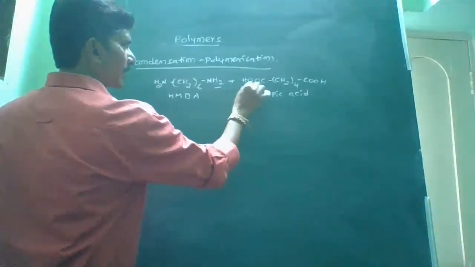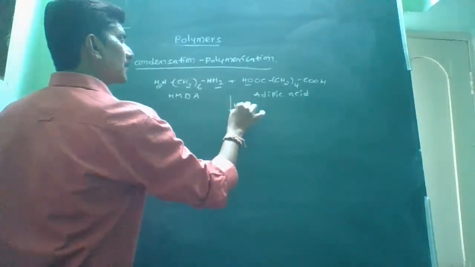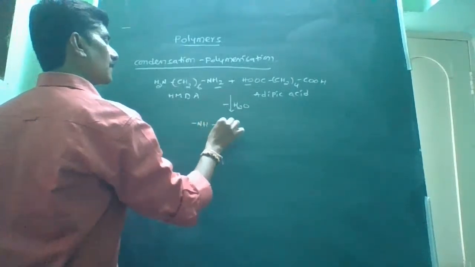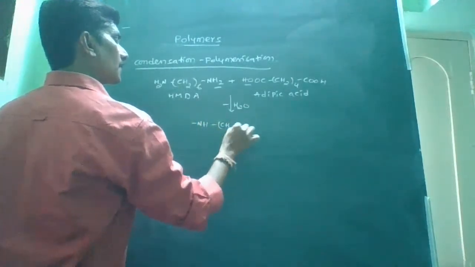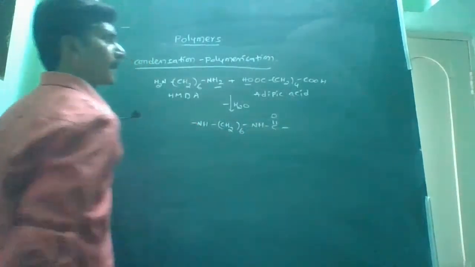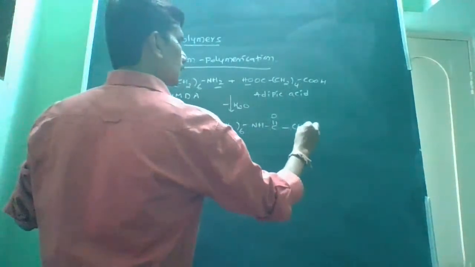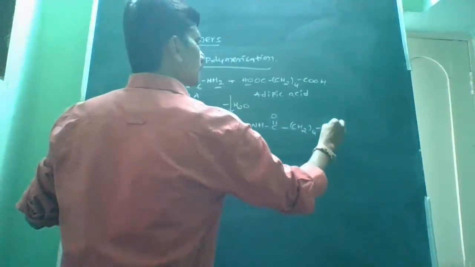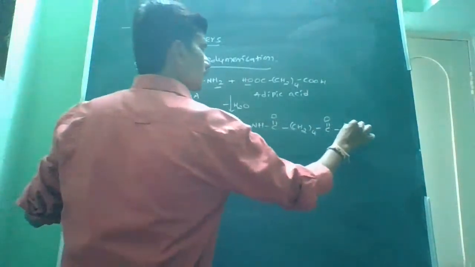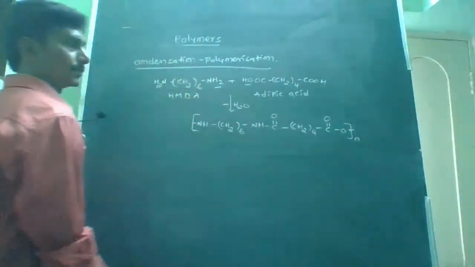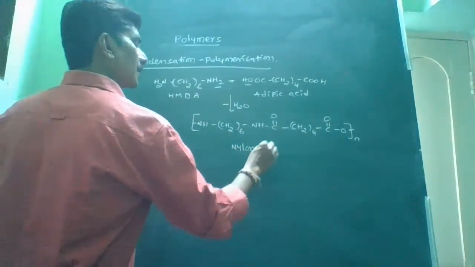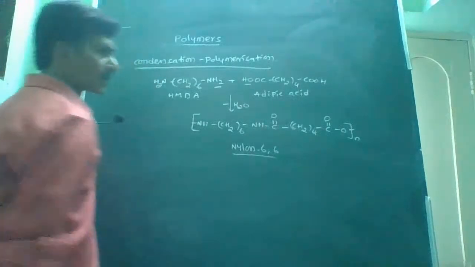One of these hydrogen atoms and OH will be removed in the form of H2O, which is known as nylon 6,6.